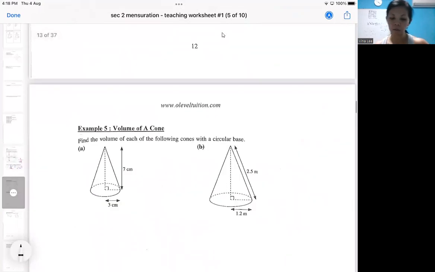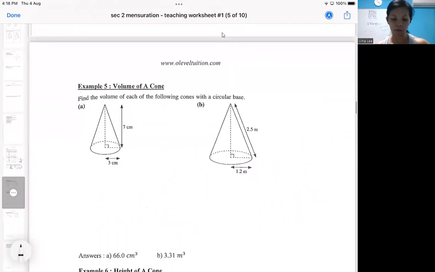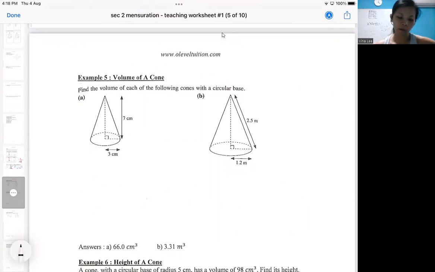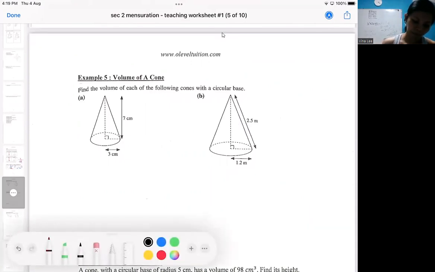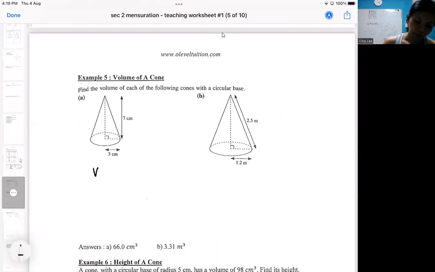Moving on, these two examples will just illustrate the idea. In this question, for part A, if I want to calculate the volume, it's quite easy because I've got the base radius and the perpendicular height.